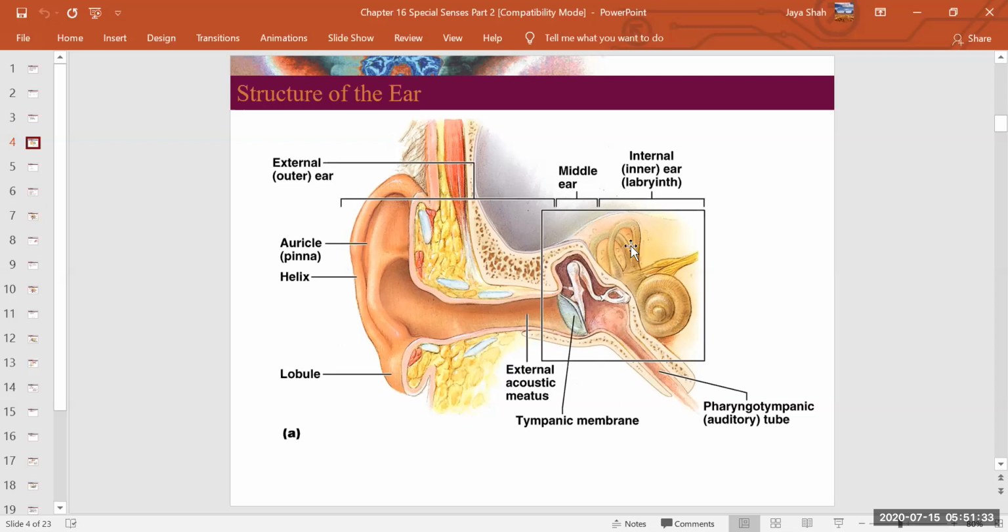Then the inner ear, or internal ear, is like a maze. That's why we call it the labyrinth.